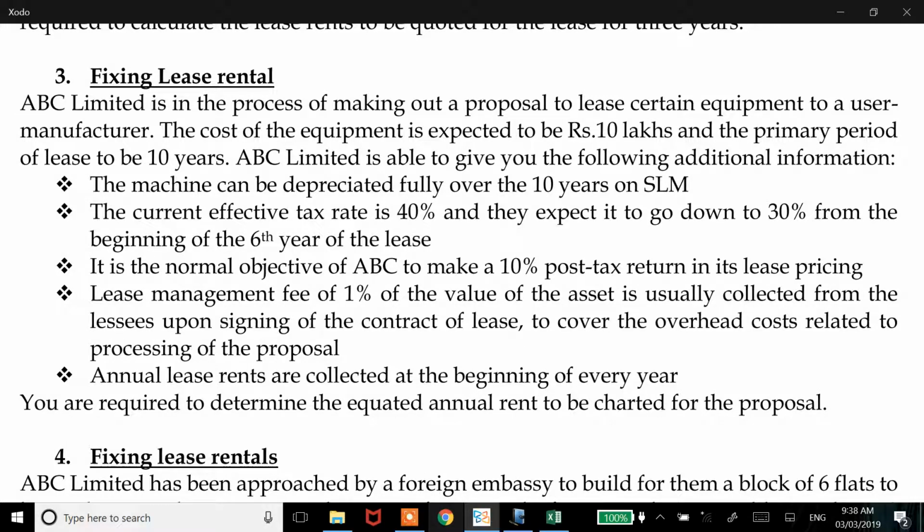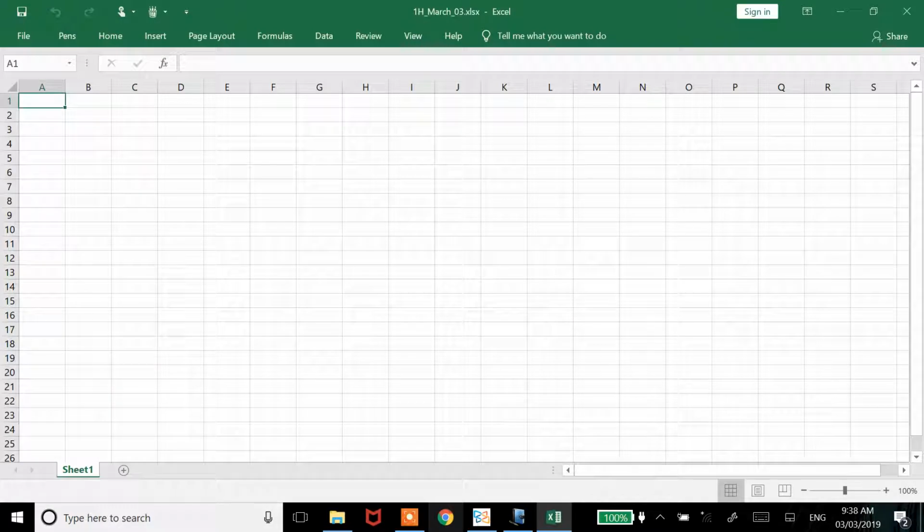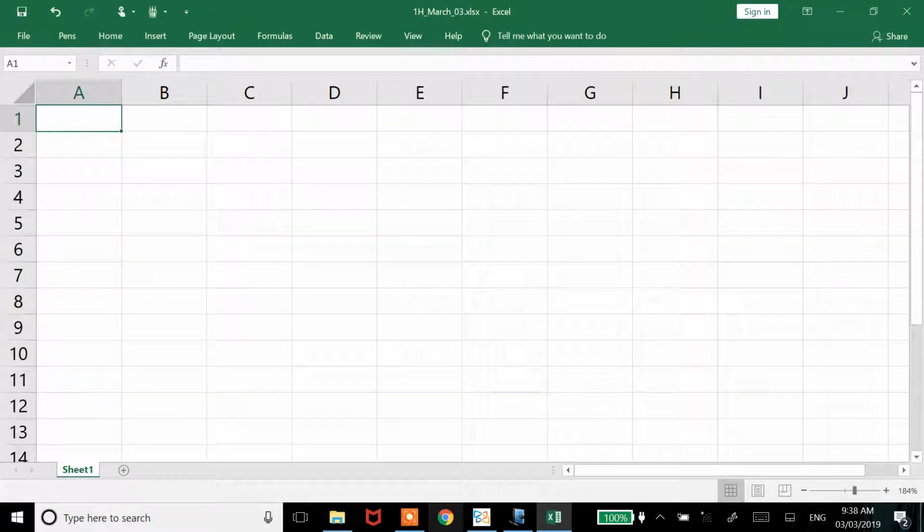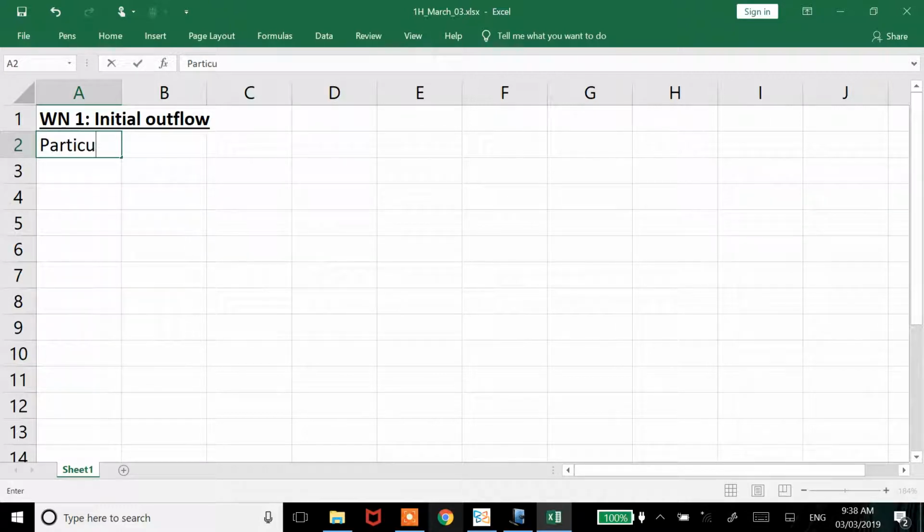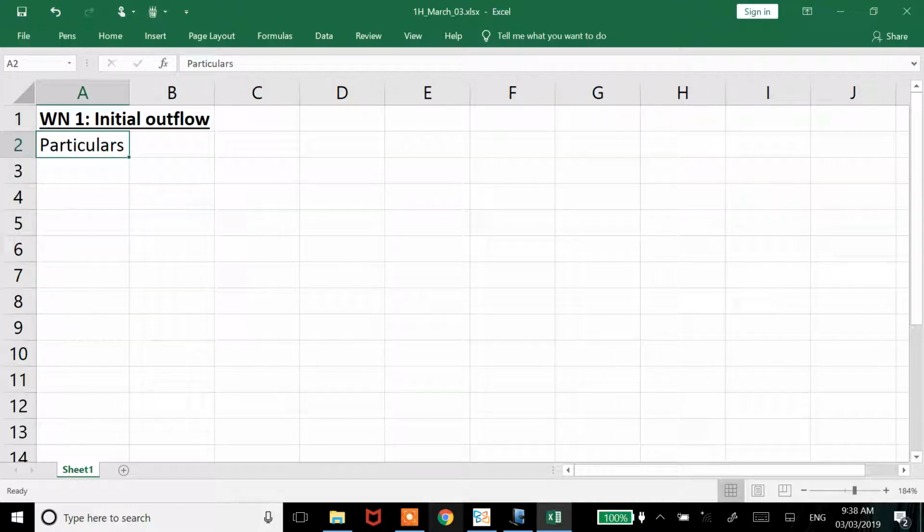Working note 1, initial outflow. Particulars and amount.